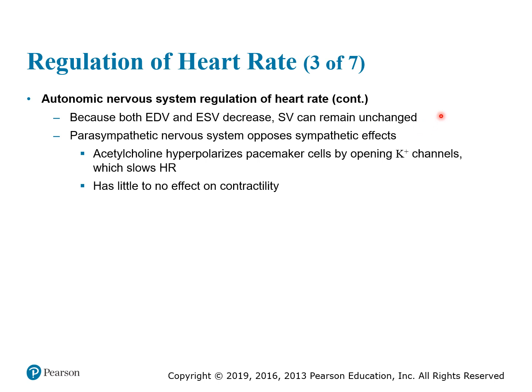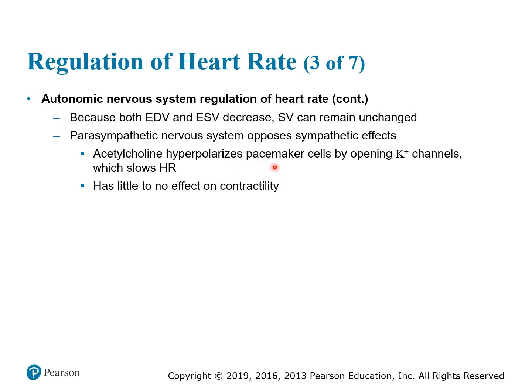But the sympathetic nervous system does another thing. When the sympathetic nervous system is active, it inhibits the parasympathetic nervous system. And what does the parasympathetic nervous system do? The parasympathetic nervous system opposes sympathetic effects. We know the neurotransmitter in the parasympathetic nervous system is acetylcholine.